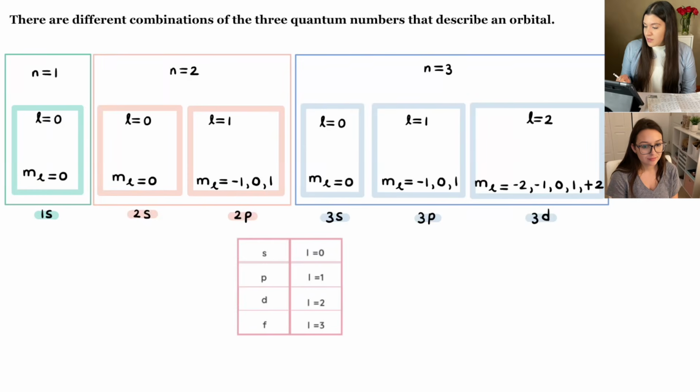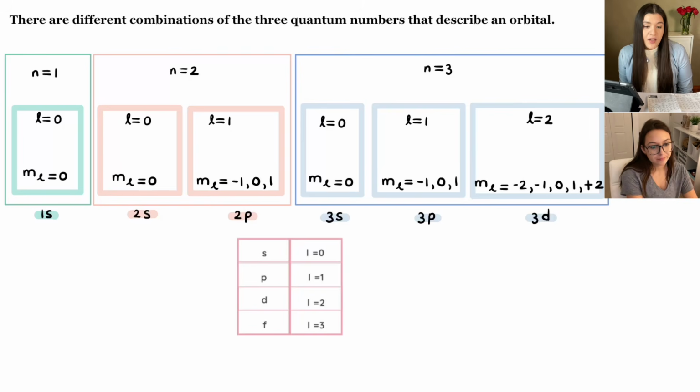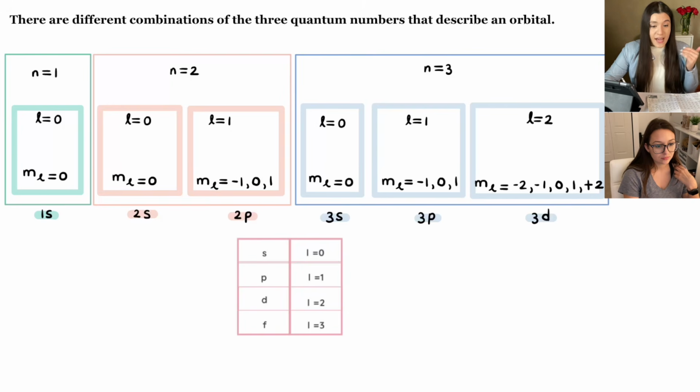Awesome. Okay, moving on. Like we said before, the first 3 quantum numbers, n, l, and m sub l, describe what our orbital is going to look like, the energy level, and so on. I wanted to explain a little more where this comes from and how everything comes together. Starting with something in that 1s category, in that first row on our periodic table, that 1 represents our n, or the energy of our orbital.